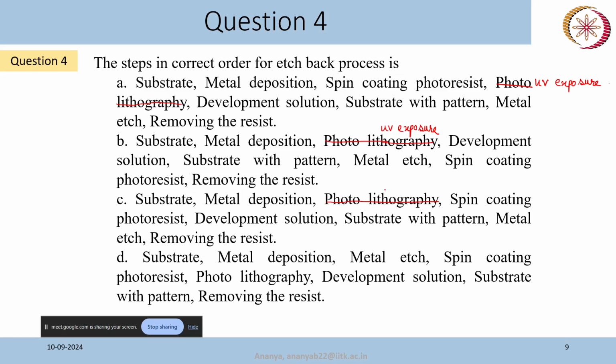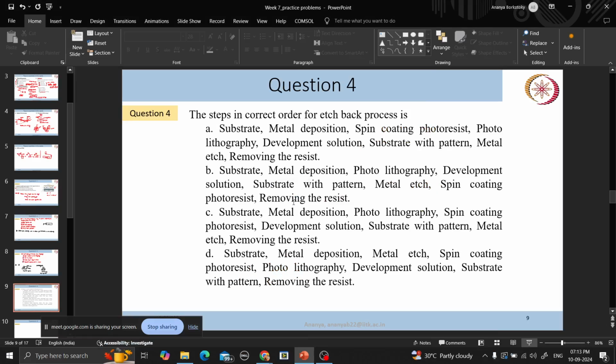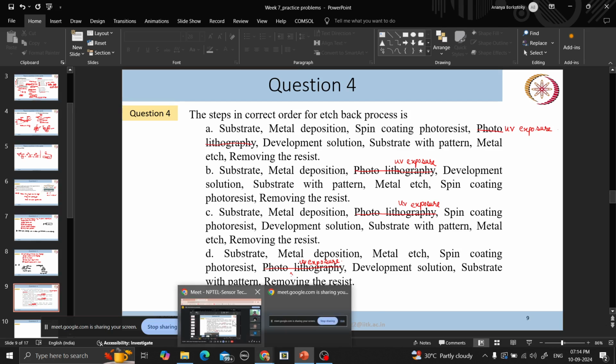Photolithography is the whole process, it's not only the UV exposure. So what is the correct option?